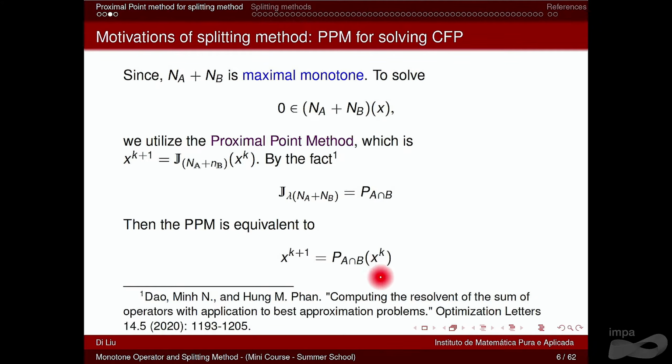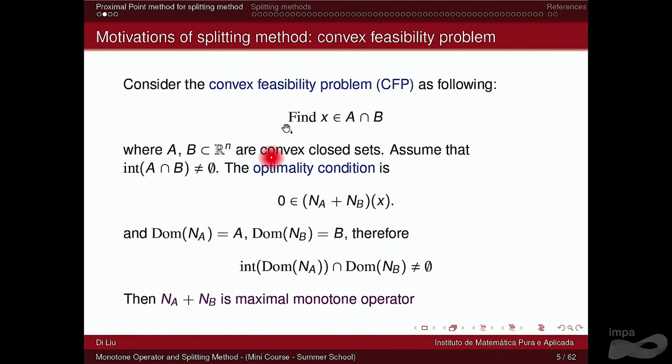If you have a point x_k, you project onto the intersection of A and B. Actually, this is somehow not practical, because if you know the closed form of the projection onto the intersection of A and B, it is not necessary to find a point anymore. You can calculate the projection directly and then you solve this problem immediately, okay?